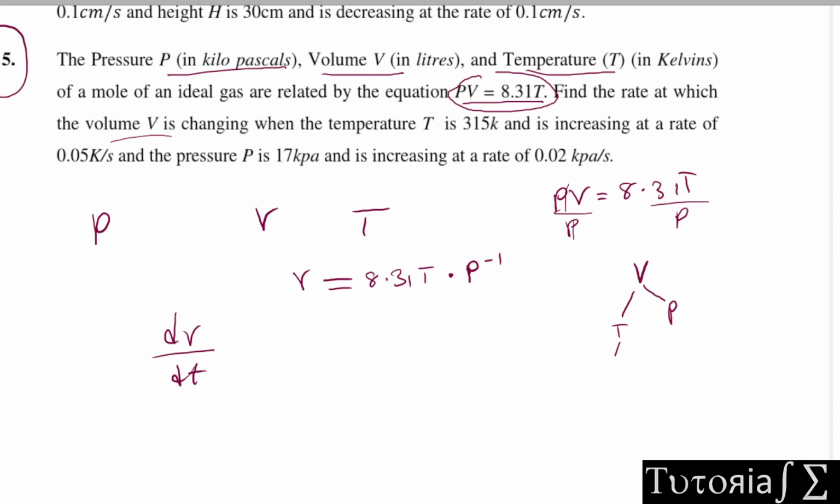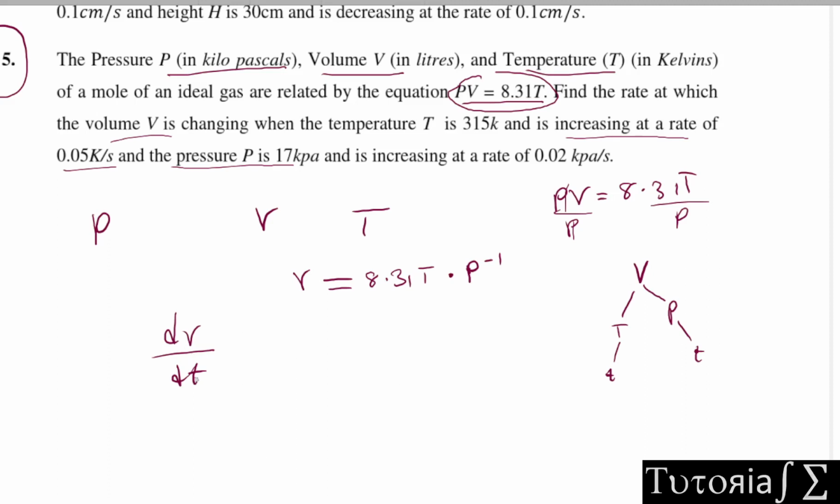Okay, and pressure is increasing at the rate of that. T is that, and it is increasing at the rate of that, and pressure is that, and it is increasing at the rate of that. So temperature has time, and pressure has time as well.